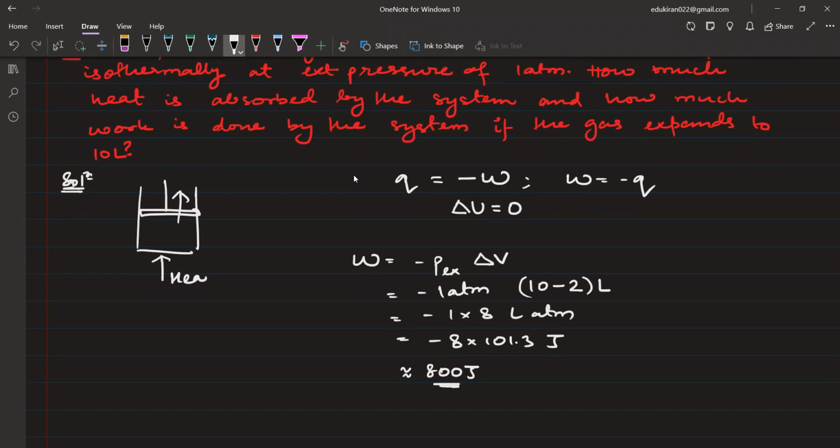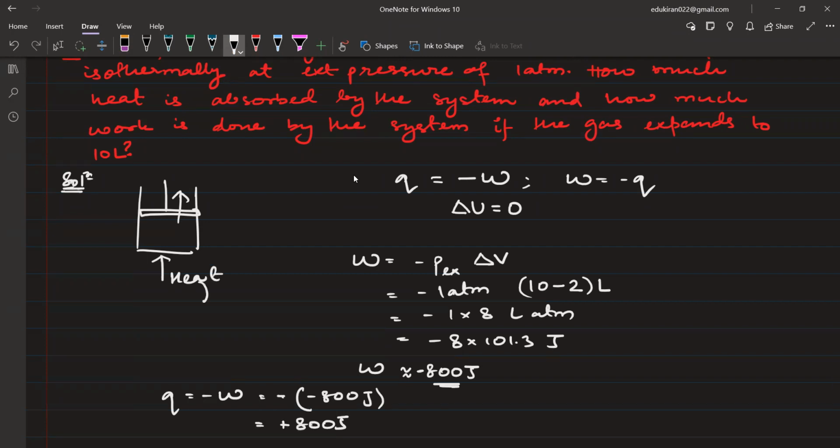And what we have seen, Q is equal to minus W. Actually, W here will be minus 800, my bad. Q is equal to minus W, and what's the value of W? Minus 800 joules. So Q will be equal to plus 800 joules.